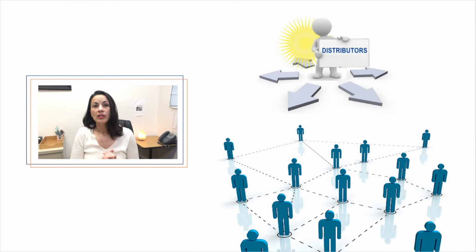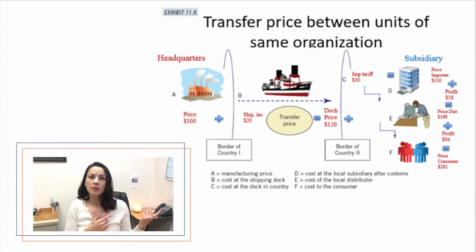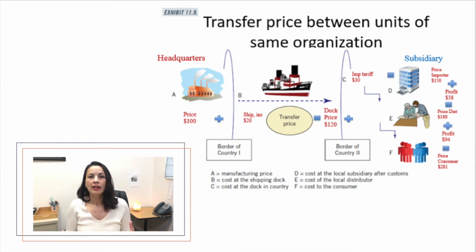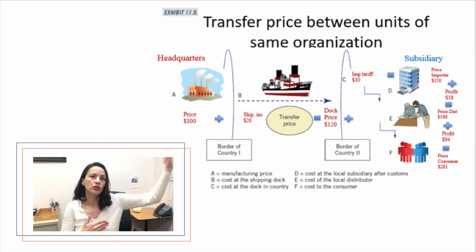in addition to your price. So as you can see in the exhibit, the price for a product created here in the US is $100. If you look at the process that is taking place and all of the additional charges that you see, the final transfer price ends up being $281 to the consumer, and that's because we've added all those extra steps.